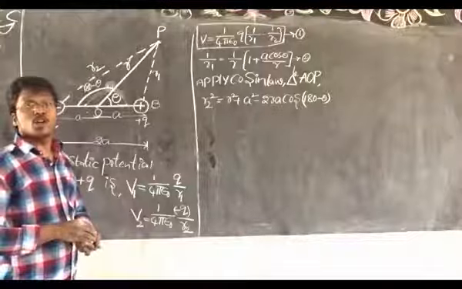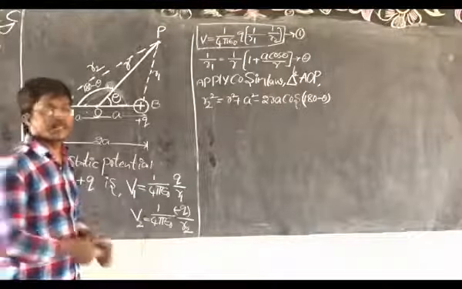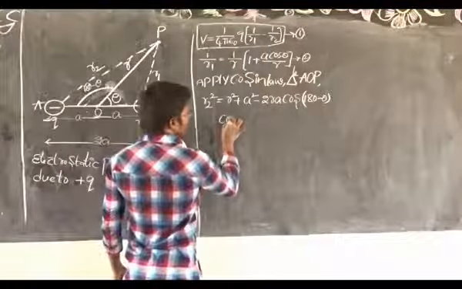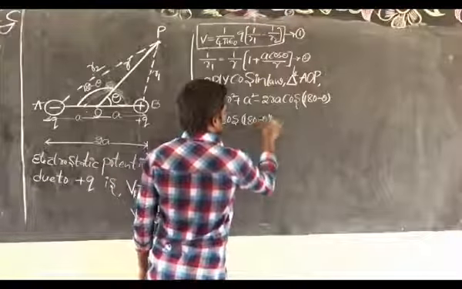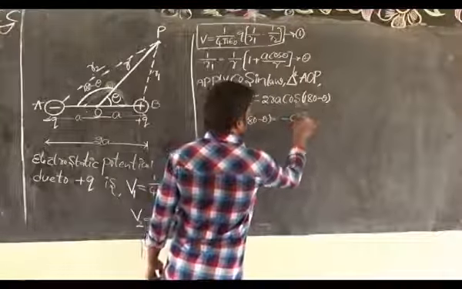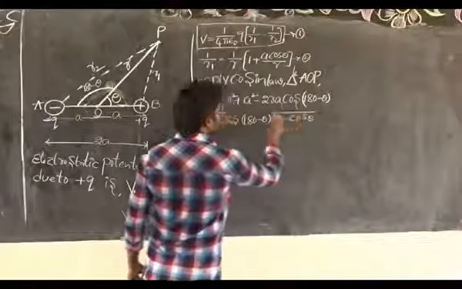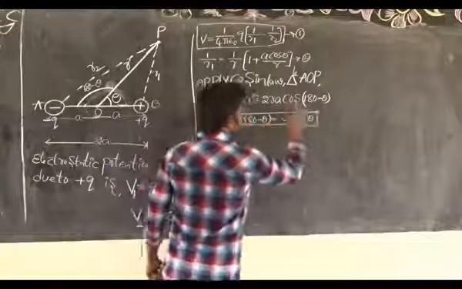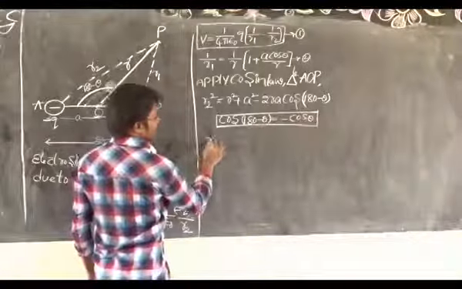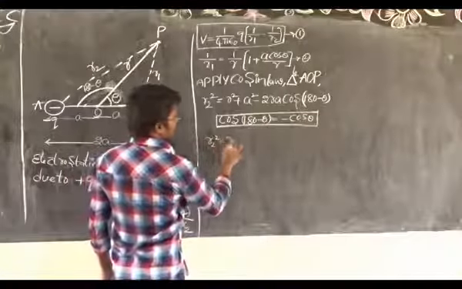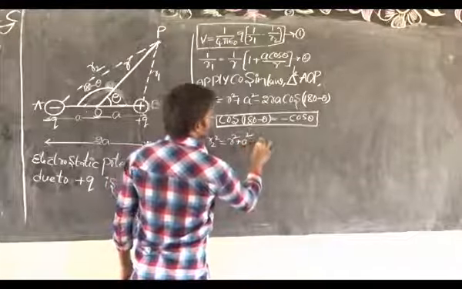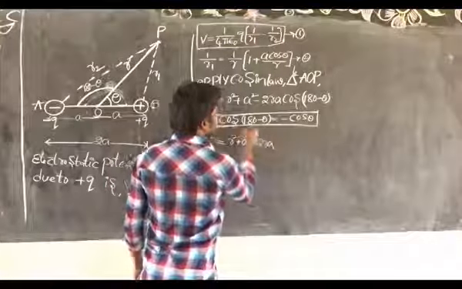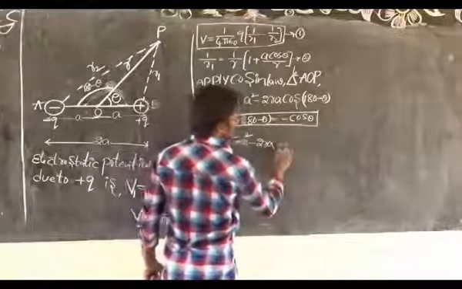Okay, cos(180 minus theta), how much? Minus cos theta. So cos(180 minus theta) is equal to minus cos theta. Please substitute in the above equation: R2 square is equal to R square plus A square minus 2RA, and in the place of this value, minus cos theta.